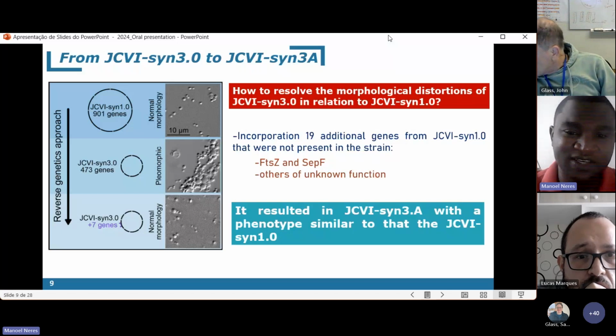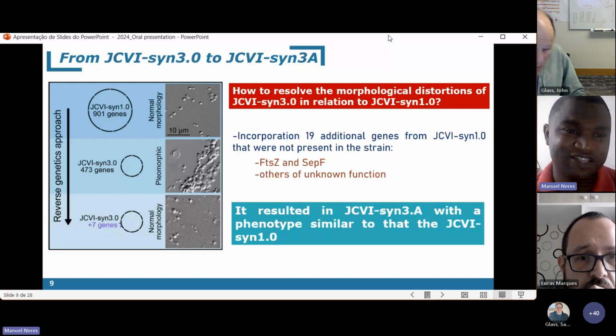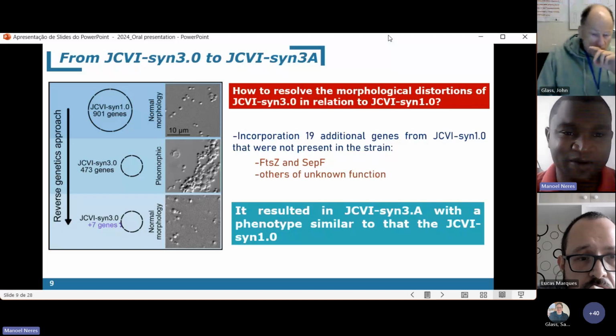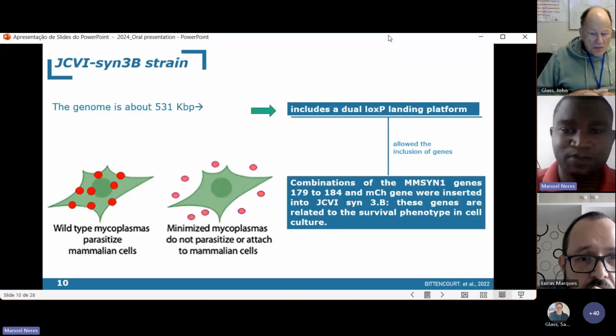It resulted in JCVI-syn3A, with a phenotype similar to JCVI-syn1.0. The next strain was JCVI-syn3B. The genome is about 531 kilobase pairs and includes a dual loxP landing platform. This platform allows the inclusion of other genes.